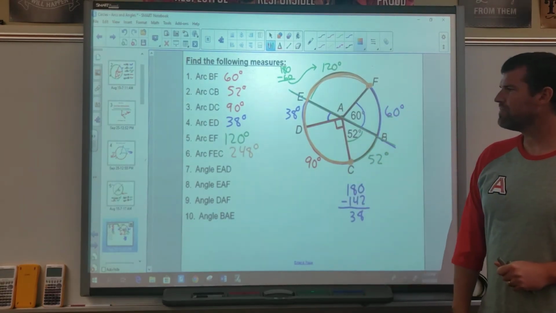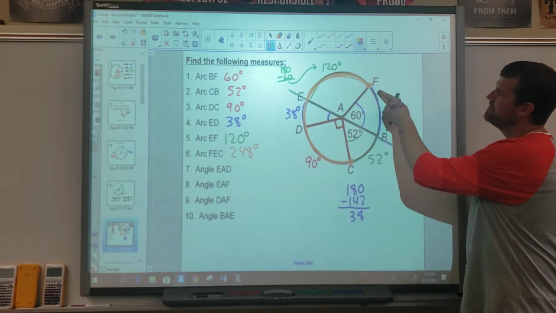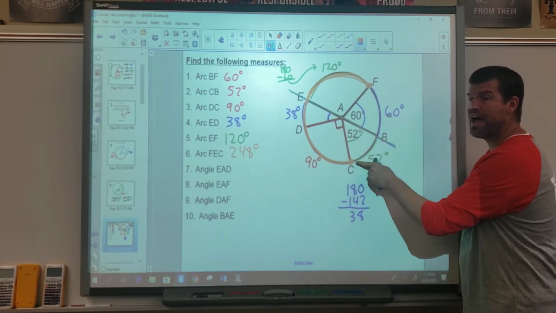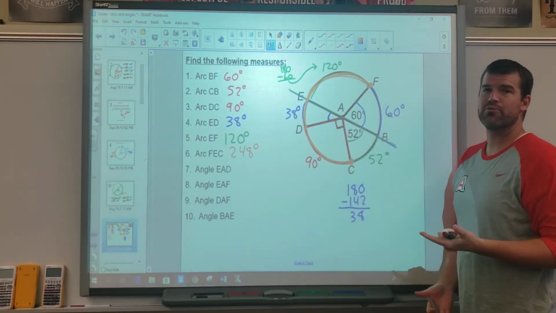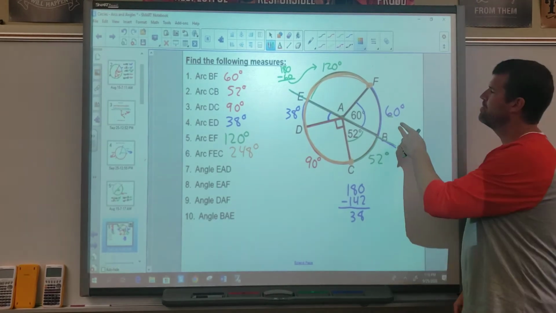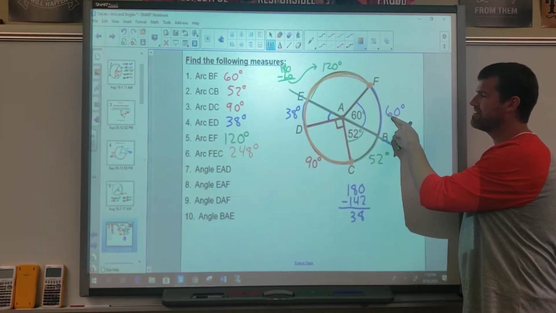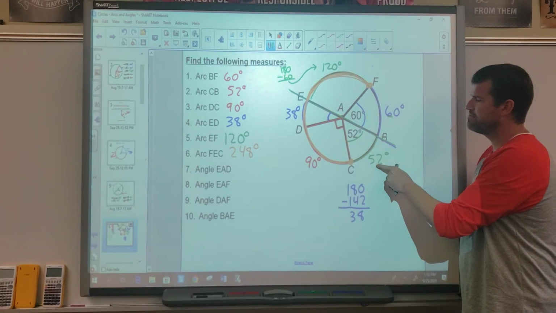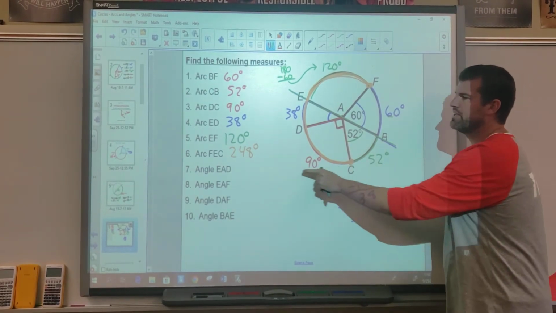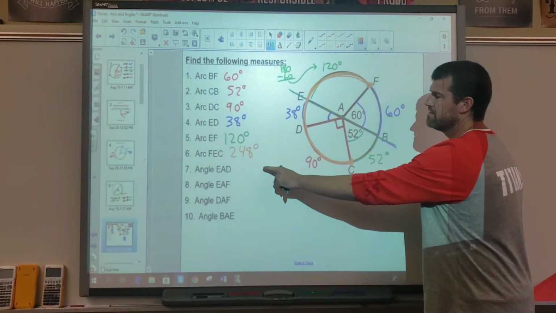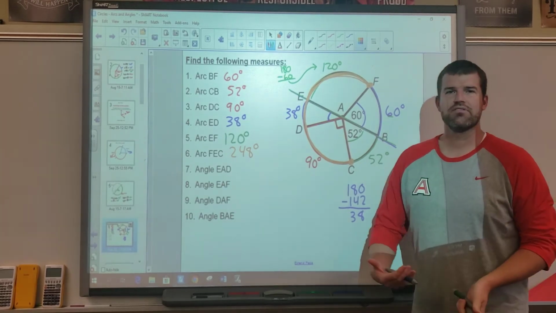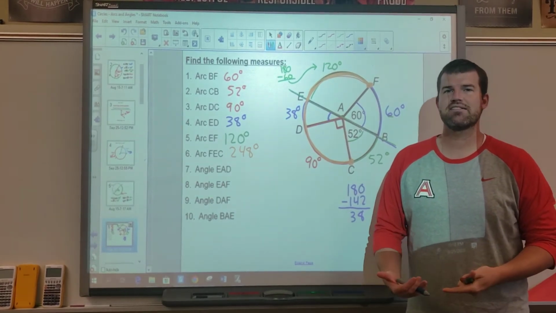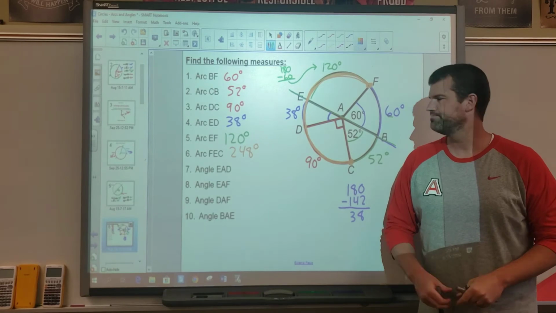Now you could also take away the pieces that you don't have in that arc. So we could start with 360 degrees. We could subtract 60, which gets us down to 300, and then subtract 52, which would get us to 248. So again, we have some problems that have multiple ways to approach them, which I like.